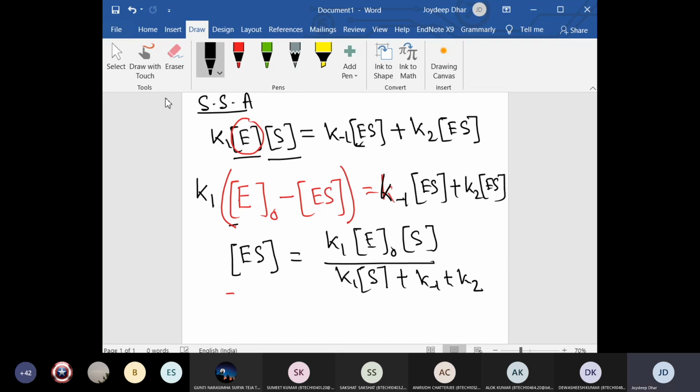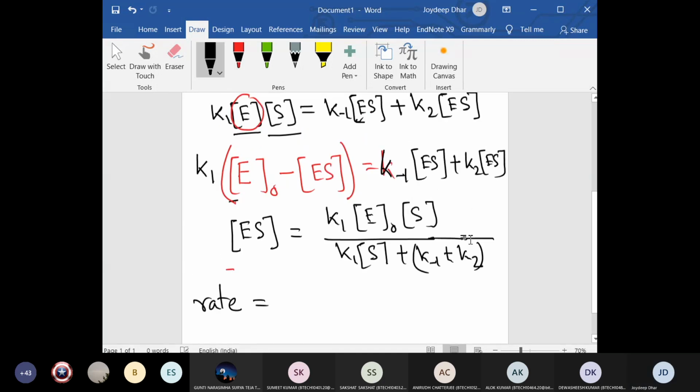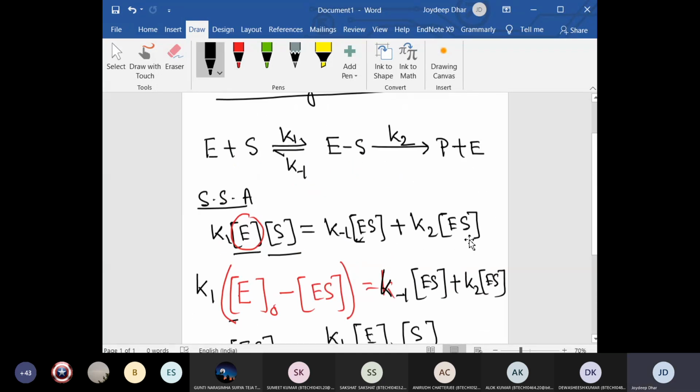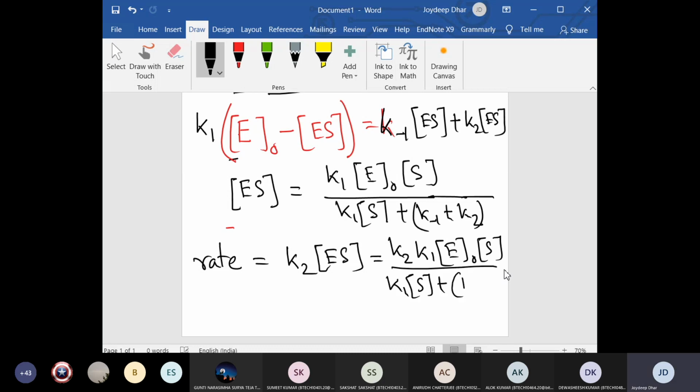Oh, fine. So the rate of the reaction will be, so rate of product formation is the final step. So now the ES complex concentration you know, now you put it. So you will have K2, K1, E0 S, K1 S, K1.